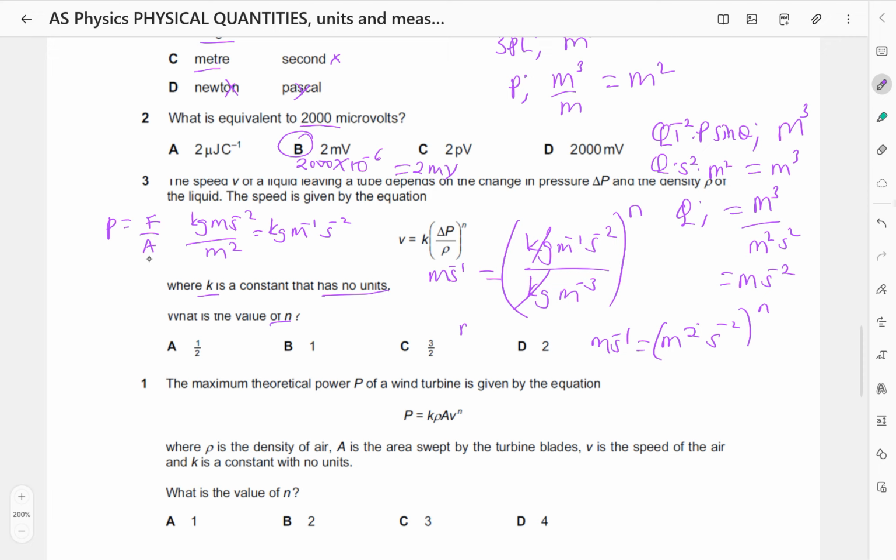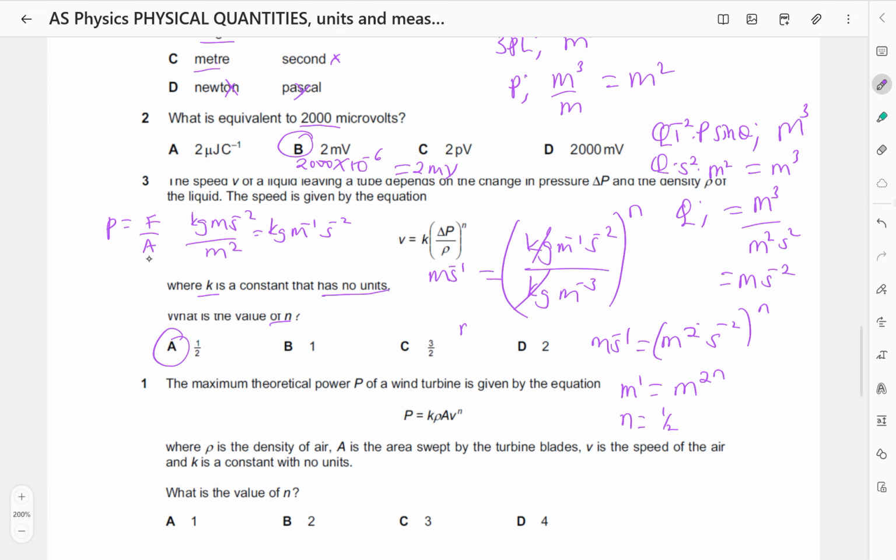So I can find n by using m. We have m power 1 on the left hand side. On the right hand side, we have m power 2 to the power n, which becomes m power 2n. So this means n is equal to 1 over 2, which is a half. So our answer is going to be A without wasting time.